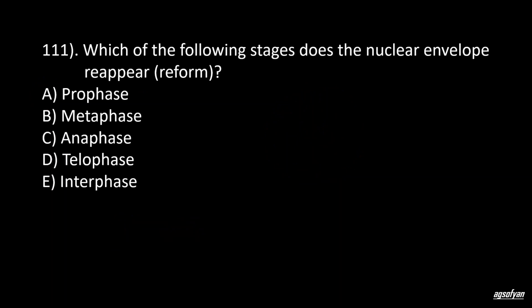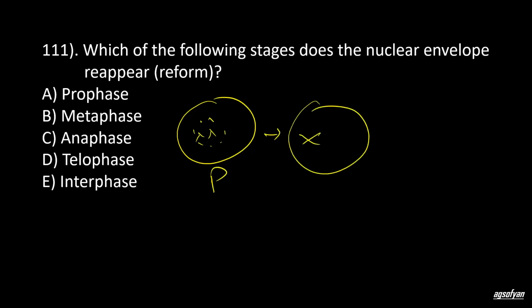Which of the following stages does the nuclear envelope reappear or reform? Starting from prophase, the nuclear envelope breaks down, and then in metaphase the chromosomes line up in the middle. In anaphase, the cell elongates and the chromosomes separate into the two poles, so the chromosome number will be doubled.